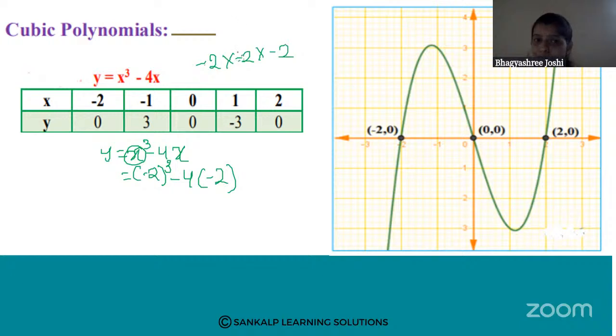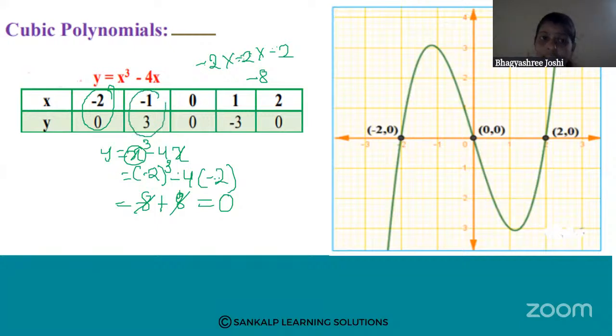Minus into minus plus, plus into minus minus, 2 2s are 4, 4 2s are 8, that is minus 8. Minus into minus plus, 4 2s are 8, minus 8 and plus 8 will get cancelled, 0 you will get. Therefore x is equal to minus 2, y value is 0. When you substitute x is equal to minus 1, then you will get y value as 3.